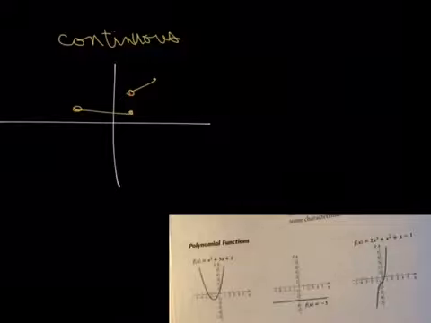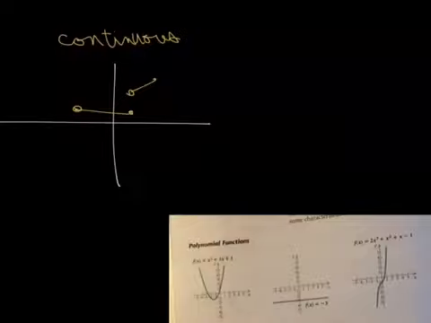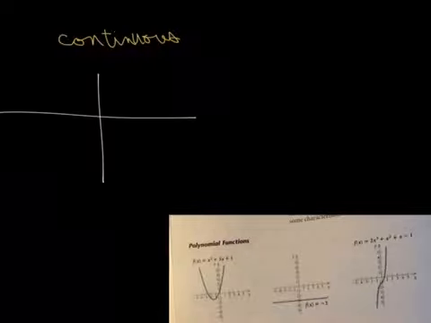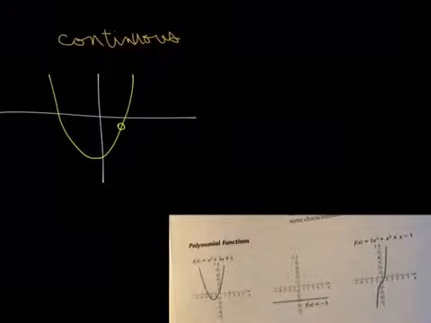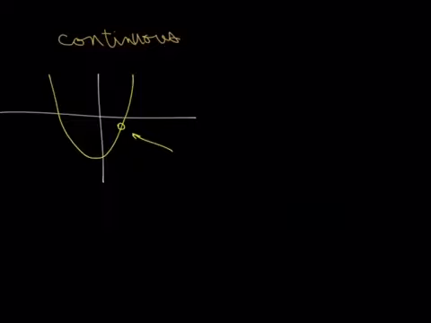Or even if I had a graph that was a parabola, but there was an open circle here for a point that didn't work on the graph, that would also be discontinuous. So that's the thing that's nice about polynomial functions, is they're nice and smooth and curvy rather than any pointiness and yucky stuff there.